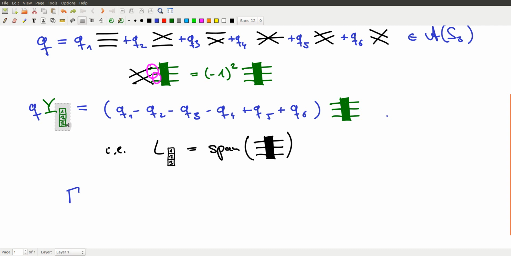So gamma corresponding to this one here of the identity, that's just 1, and it's the same if we put in one of the cyclic permutations.